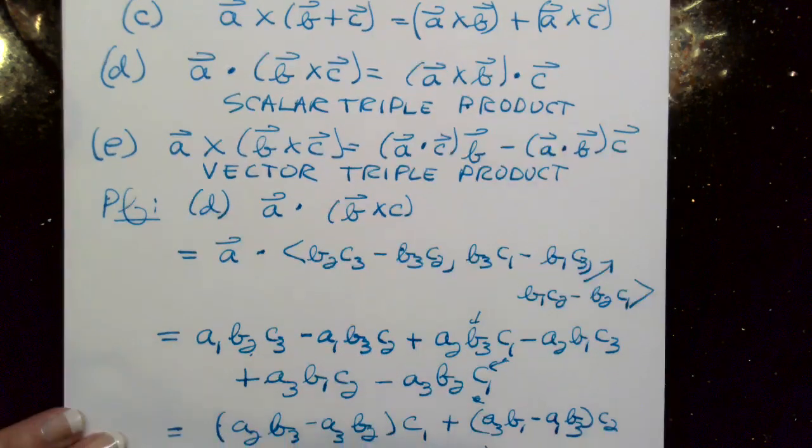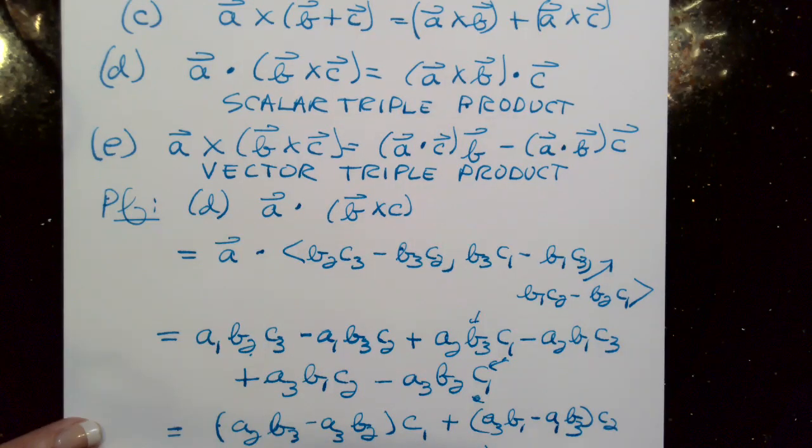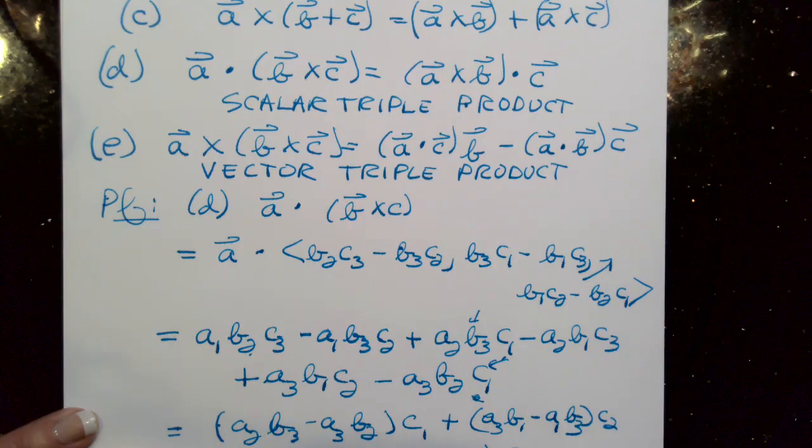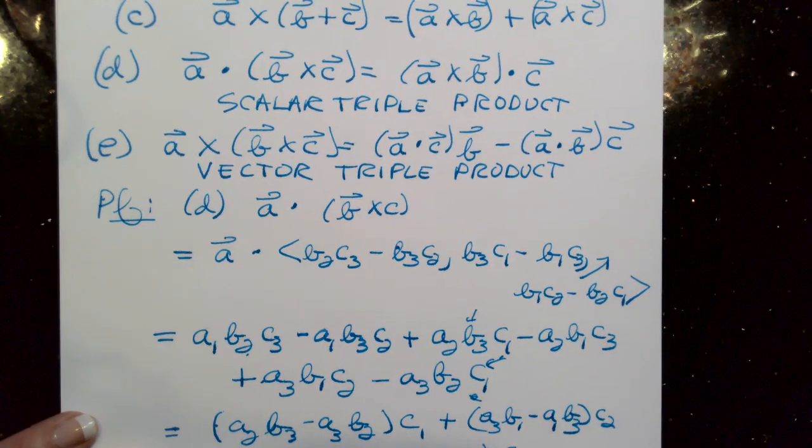So it's easy to see that the three terms in the parentheses are the components of the vector A cross B dotted with the vector C. And that's what we claimed in part D. So that's the scalar triple product proof.